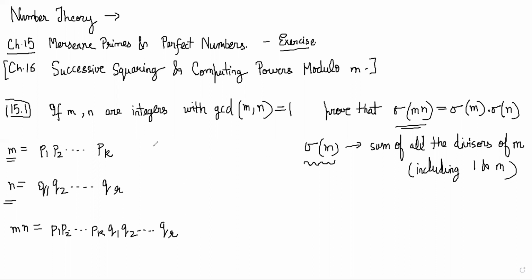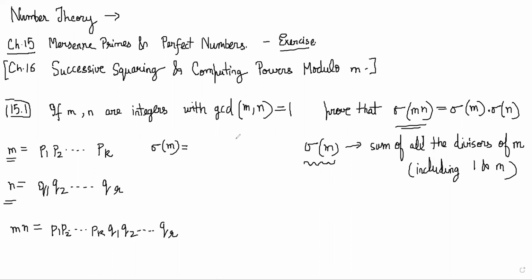Now think about it. What is the value of sigma of m here? Each of the divisors you have to get. How will you write the divisors?